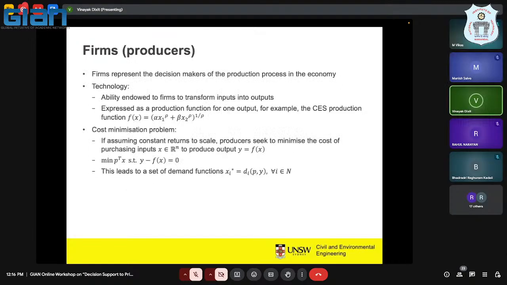So firms represent the decision maker of the production process in the industry. It has two aspects. One is the technology, which is the ability endowed by the firms to transform inputs into outputs. This production function is represented as a CES function, constant elasticity of substitution.